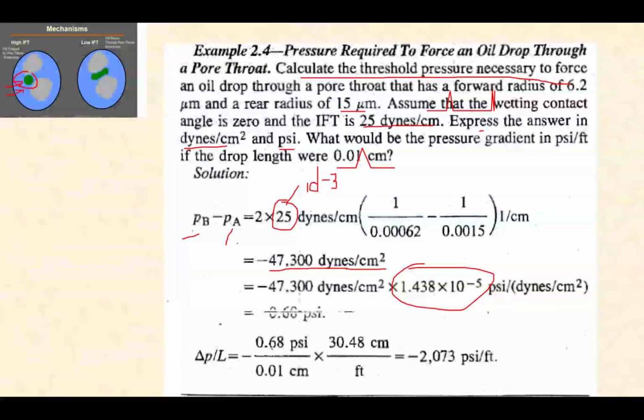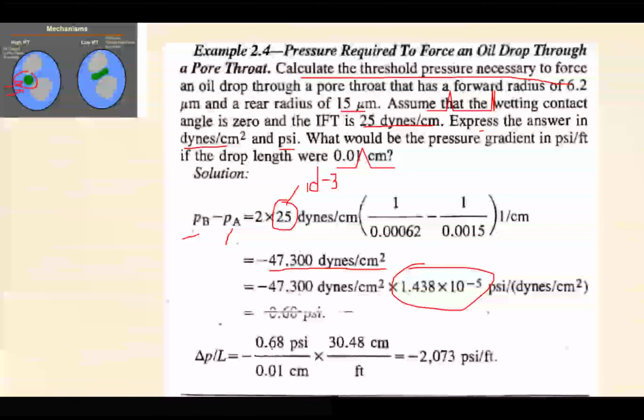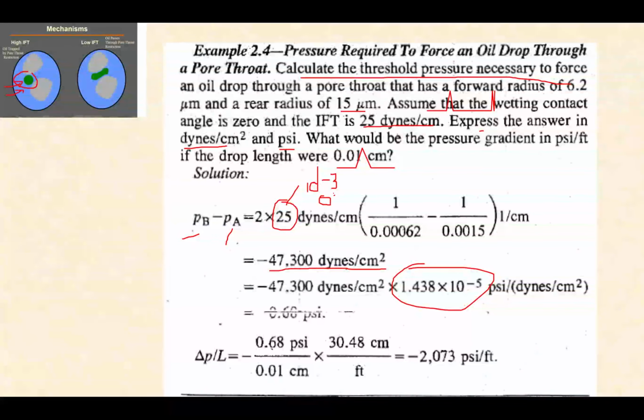Because if it is 25, and if it is 0.025, 0.25, it will be reduced to 1,000 times lower, and then by low viscous force you can displace the oil through the fine throats.